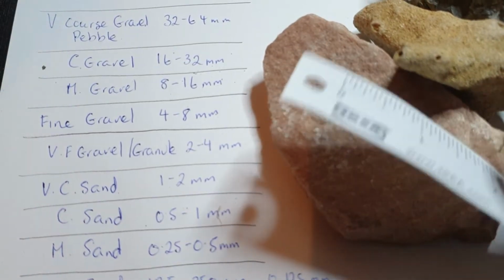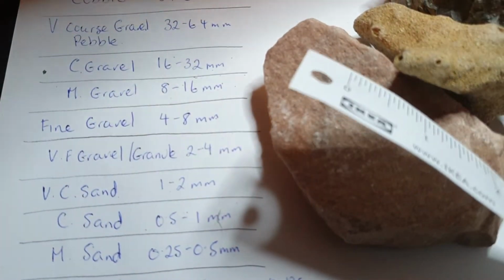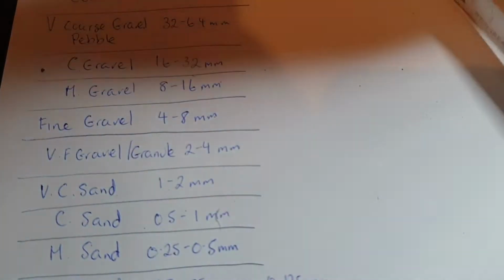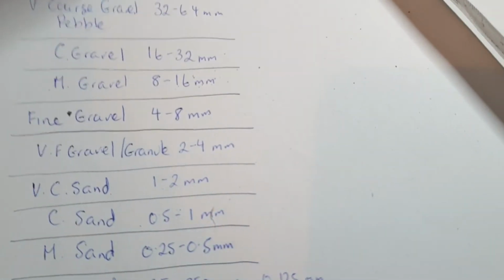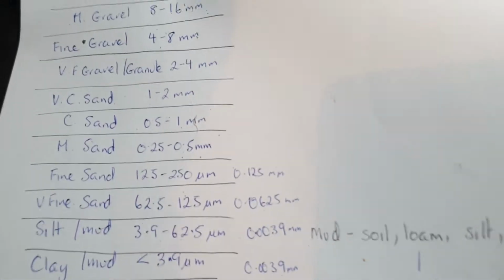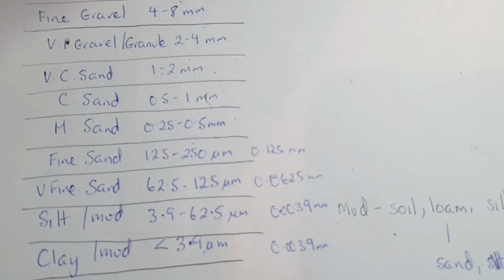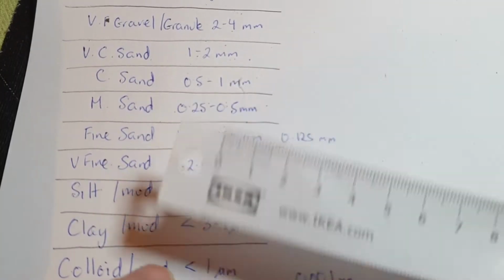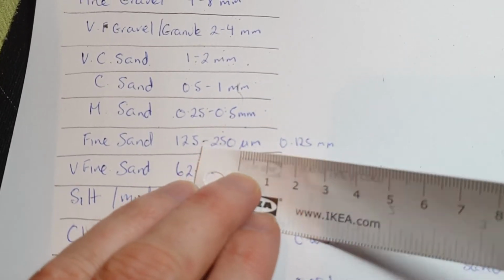And it gets finer than that. So then we have to go down to micrometers. And it is micrometer because we have that funny U shape there.